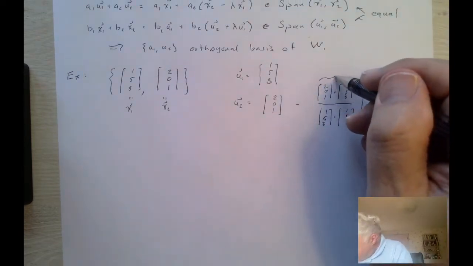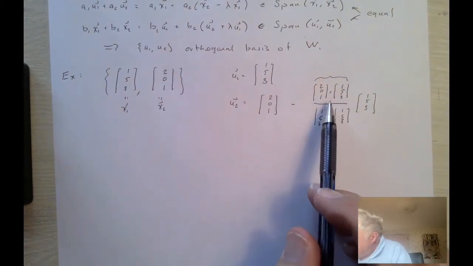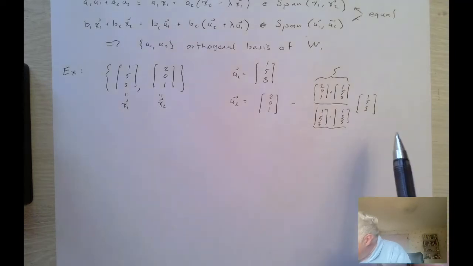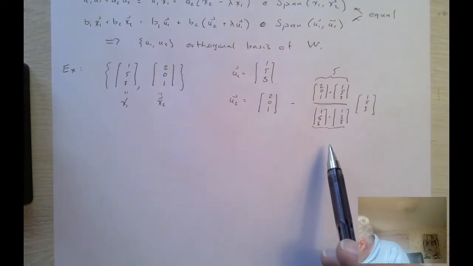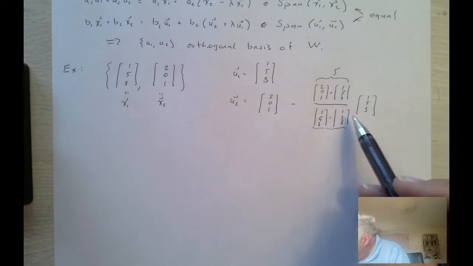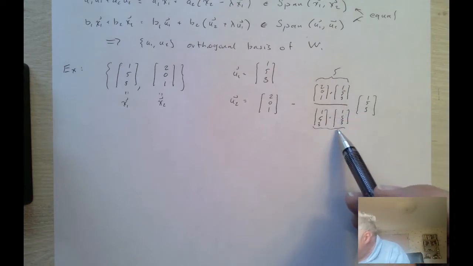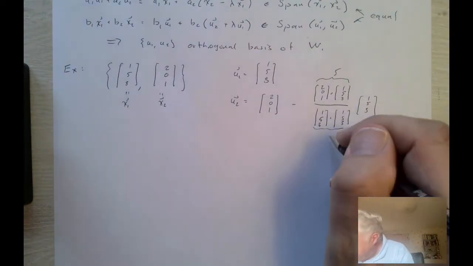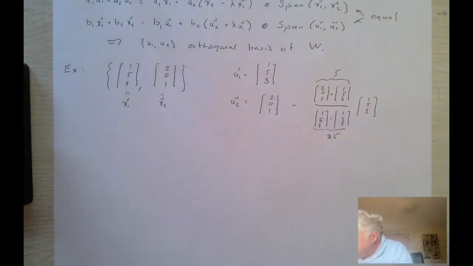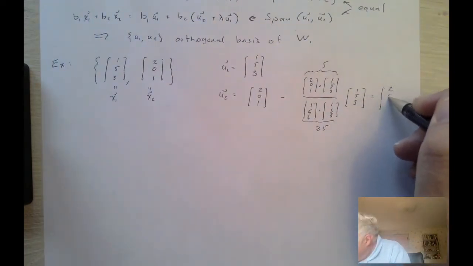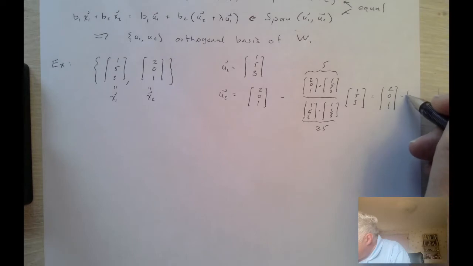If we do the dot calculation, this is going to be 5, and this dot product will be 1 plus 25 plus 9. So if my arithmetic is correct, that should be 35. So this is just going to be 2, 0, 1 minus 1/7 times 1, 5, 3.